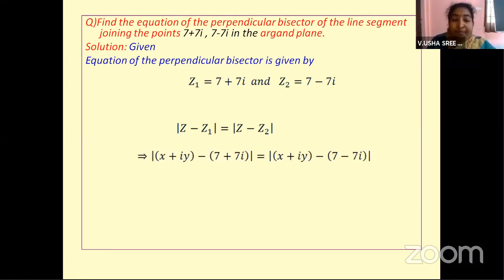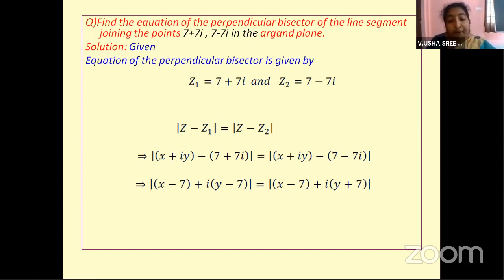Then you have it as mod of x plus iy minus 7 plus 7i is equal to mod of 7 plus x plus iy minus 7 minus 7i. Modulus here says you are taking square root of a real part square plus imaginary part square, isn't it? So first, before doing that, we will try to rearrange the terms, real parts and imaginary parts separately on both sides.